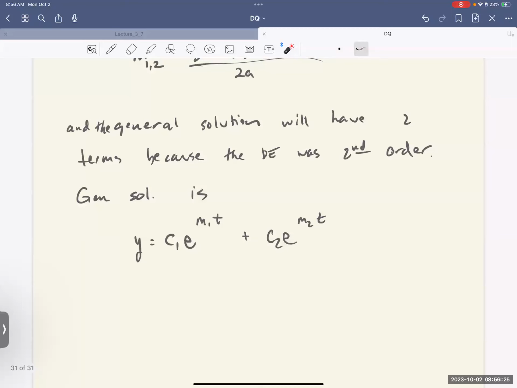Depending on what roots you have, that changes what your general solution can look like. In general, your solution is going to look like this, but what kind of roots you have is going to determine what your general solution actually looks like. So let's look at those three cases, and we'll look at an example.